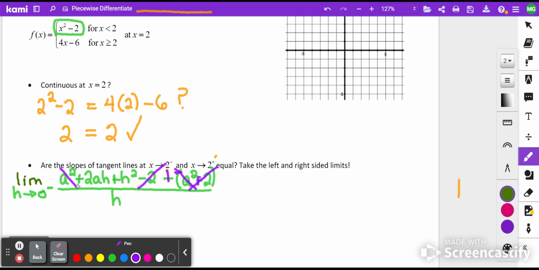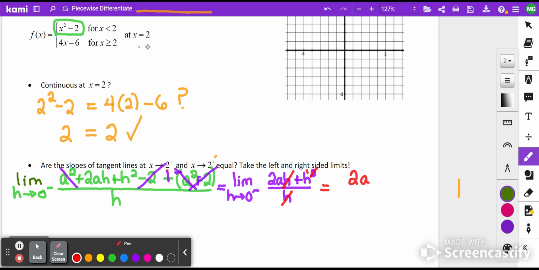Negative a squared, positive a squared cancel each other out, leaving us with the limit as h approaches 0 from the left side of 2ah plus h squared over h. We should all know where this is going. These cancel, this leaves us with h to the first. And when we substitute 0 in, we get 2a.